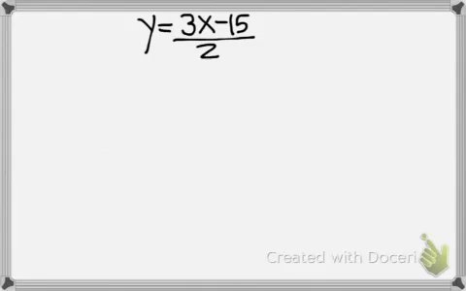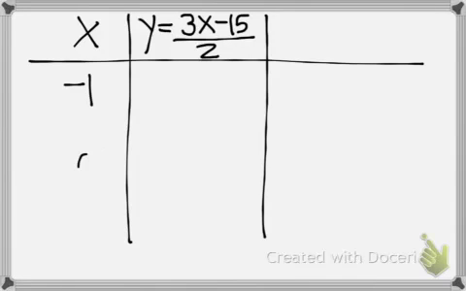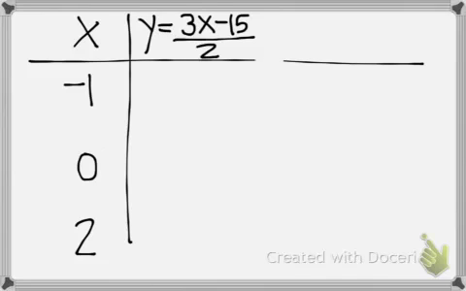Okay, so we know what our equation is. We want to find out what y equals when x equals -1, 0, and 2. So we're going to plug in our values for x.